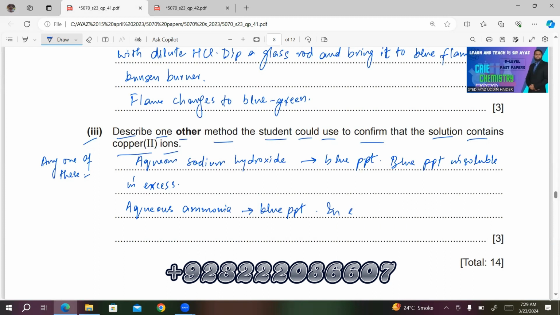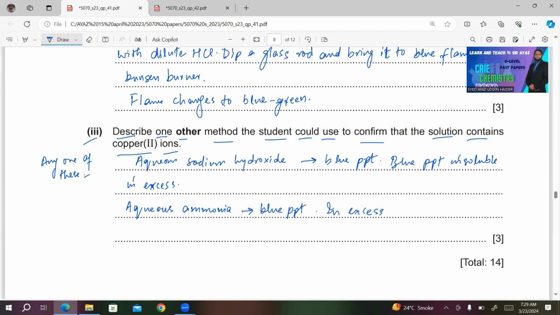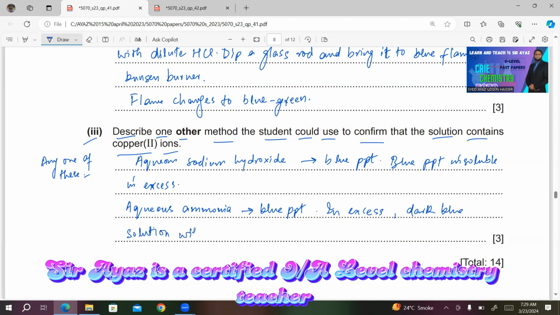In excess, a dark blue solution will be obtained.